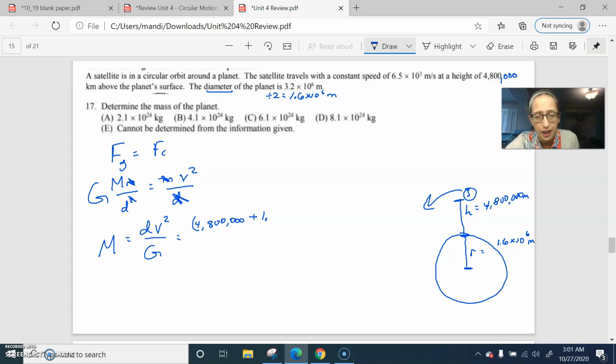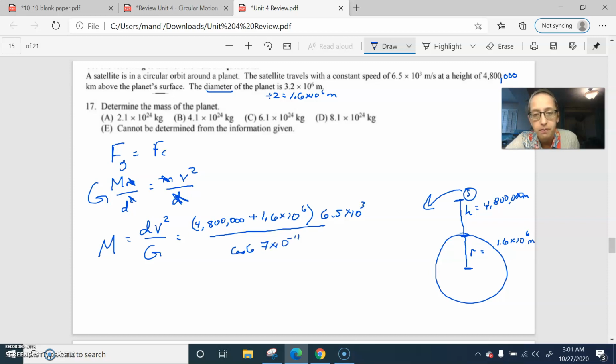Technically also the radius of the satellite, but it's really small compared to both these other numbers, so we're going to ignore that. The velocity is 6.5 times 10 to the third, and big G is 6.67 times 10 to the negative 11.